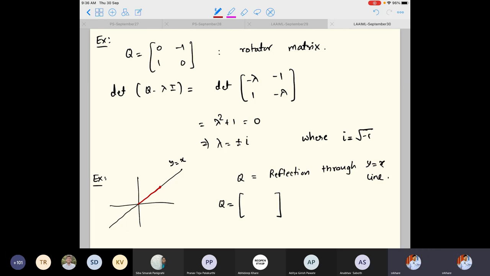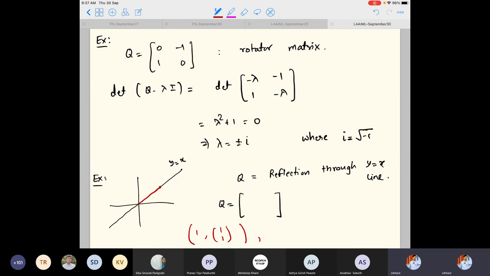Every vector on the line y equals x stays on that line. So eigenvalue is 1, eigenvector is (1, 1). That is one eigenvalue-eigenvector pair.